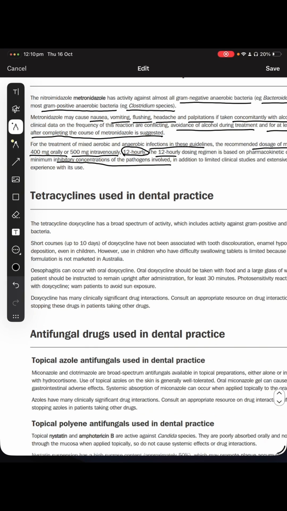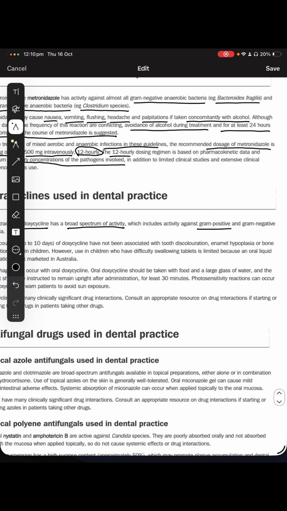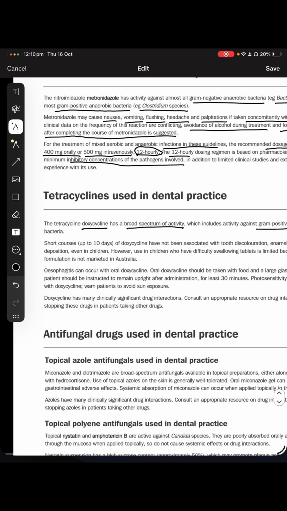Now, tetracyclines used in dental practice. The tetracycline, which is doxycycline, has a broad spectrum of activity, which includes activity against gram-positive and gram-negative bacteria.